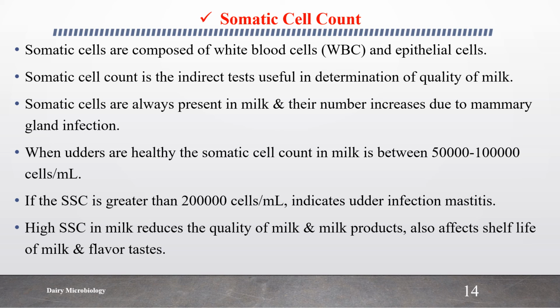The presence of a high number of somatic cells in milk reduces the quality of milk and milk products, and it also affects the shelf life of milk and flavor.